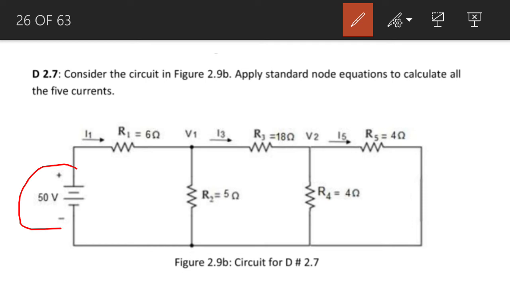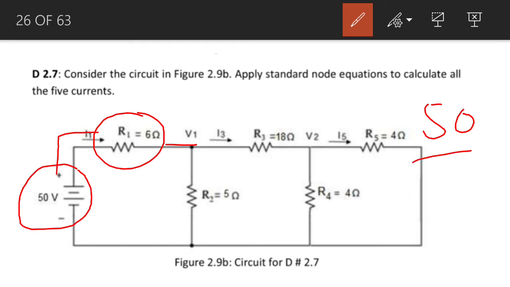This voltage source of 50 volt has been connected to the first node with the help of a series resistor of 6 ohm. So Ig1 will be equal to E1 by R1, which is 50 divided by 6.